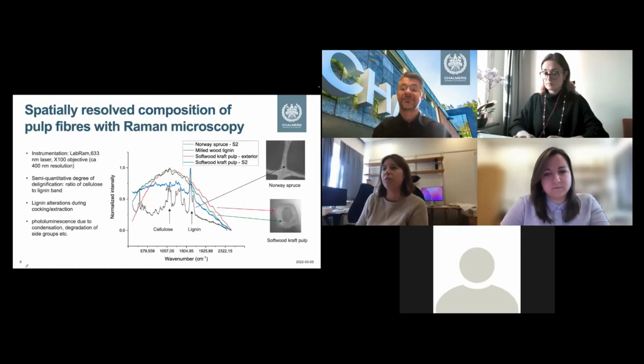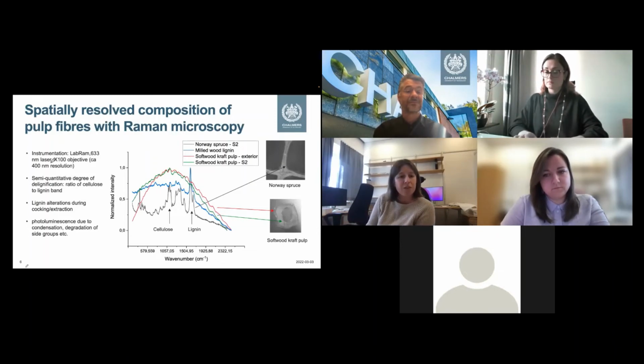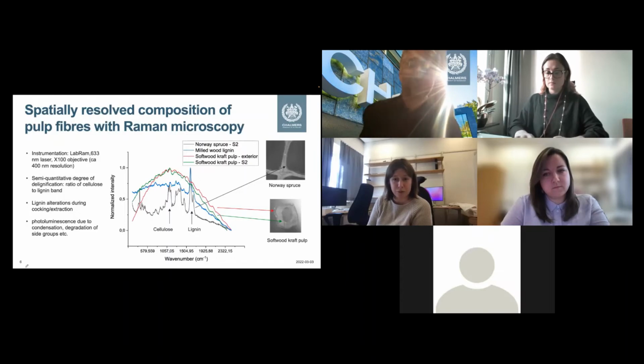For example, for the spatially resolved composition of the pulp fibers with Raman microscopy, he used a LabRAM instrument with a red laser and a 100x objective that provides around micron, slightly below micrometer resolution depending on the hole used, and could quantify, semi-quantitatively, the degree of delignification, the ratio of cellulose and lignin bands. Here you can see the spectra of Norway spruce and milled wood lignin, as well as two different kinds of softwood kraft pulp.